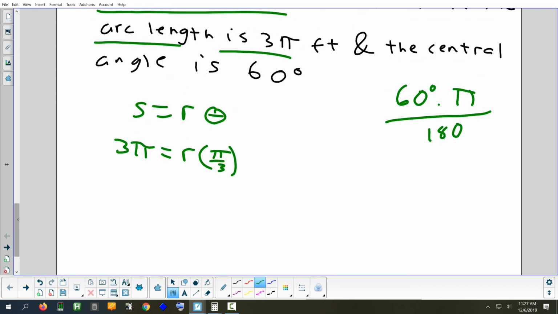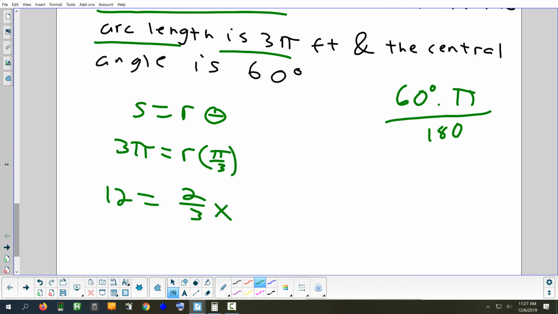Now, I want to get r by itself, and I'm multiplying by a fraction. If you want to get a variable by itself and you multiply by a fraction, how do you get rid of the 2 and the 3 at the same time? Exactly. You're going to multiply both sides by the reciprocal.